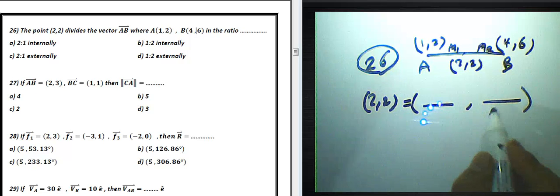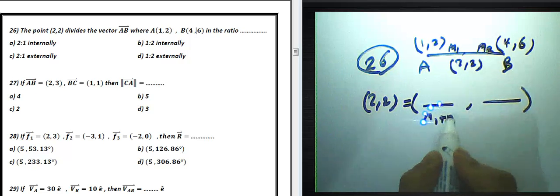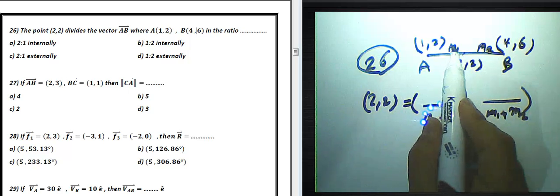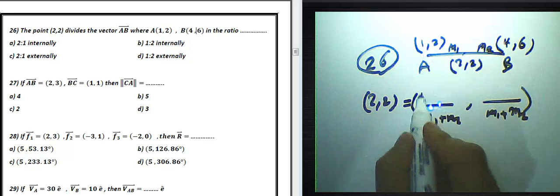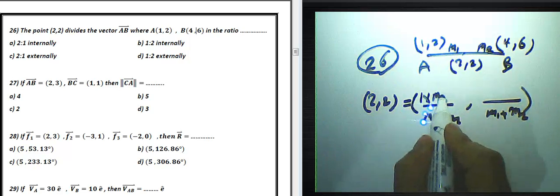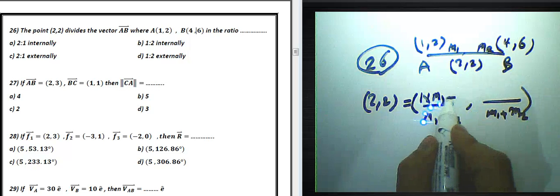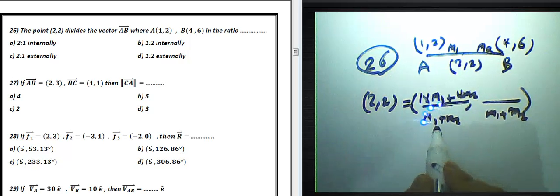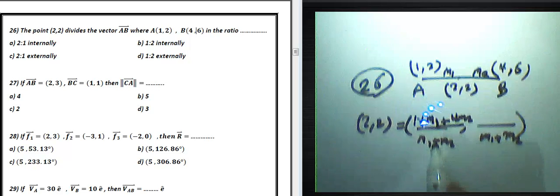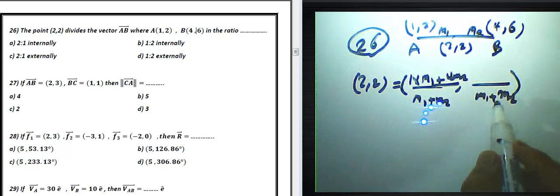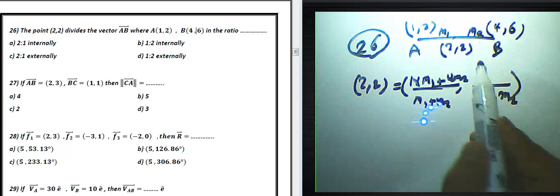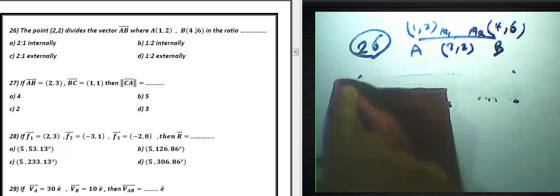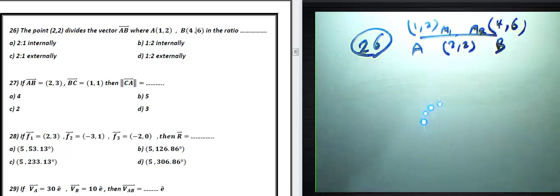We can solve this with M1 plus M2 in the denominator, and in the numerator M1 multiplication by 1 plus M2 multiplication by 4. I will explain it here again with the bigger line to see.